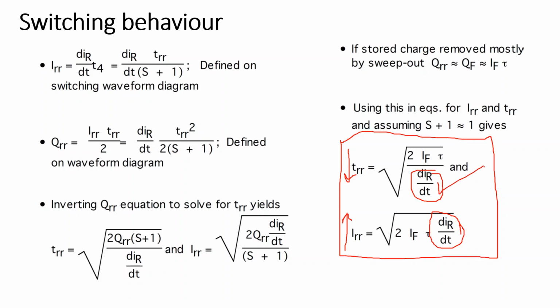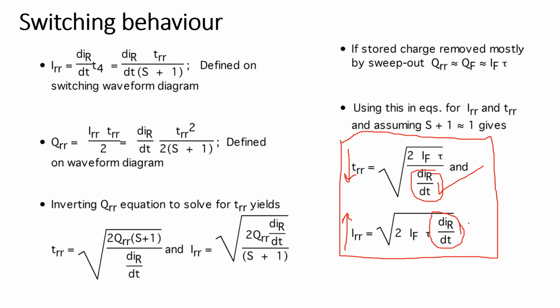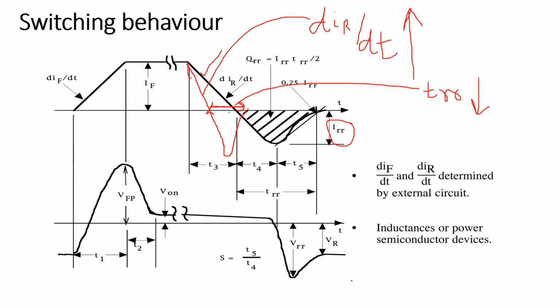If the rate of change of reverse current is higher, then TRR is lower, so the charges are removed more quickly. And what about IRR? If this rate is high, IRR increases. The maximum negative current increases. So the duration of the peak reduces, but the magnitude of the peak increases.